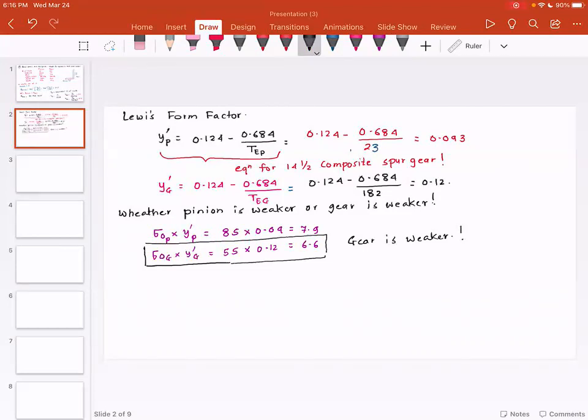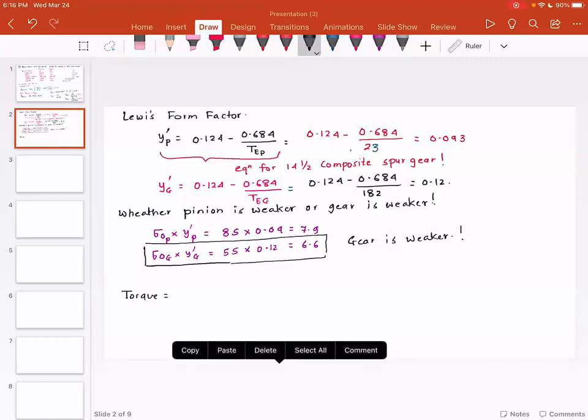So first we want to find out the torque. Torque is equal to T, which is P multiplied by 60 divided by 2 times pi times speed of gear.